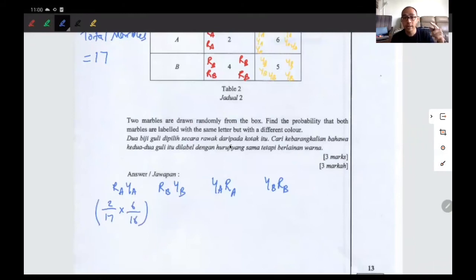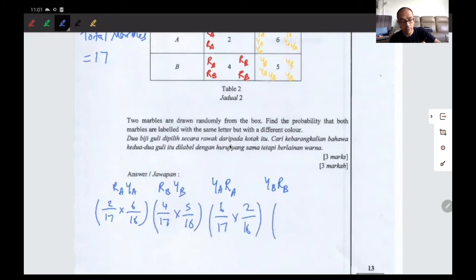Because you take one, you don't put it back. Okay, red B. Red B is 4 over 17 times yellow B is 5 over 16. Okay, yellow A. Yellow A is 6 over 17 times red A is 2 over 16. And yellow B is 5 over 17 times 4 over 16. Then all these you add together.